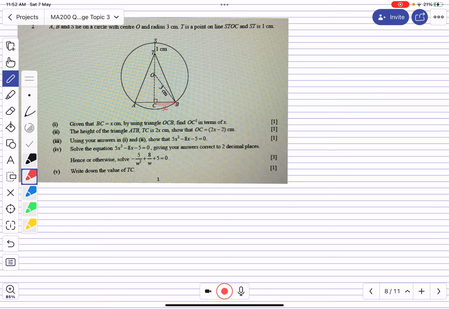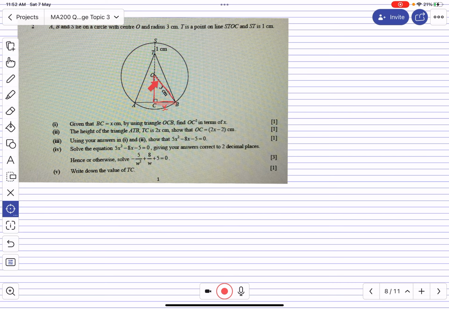If I want to find OC squared, I can first observe that I'm looking at a right-angled triangle. Looking at this triangle, I need to find OC, given the other two edges: 3 cm, which is the hypotenuse, as well as BC, which is x.